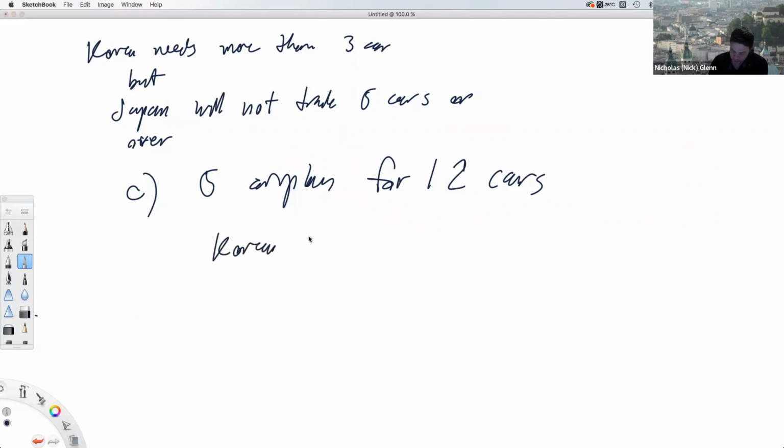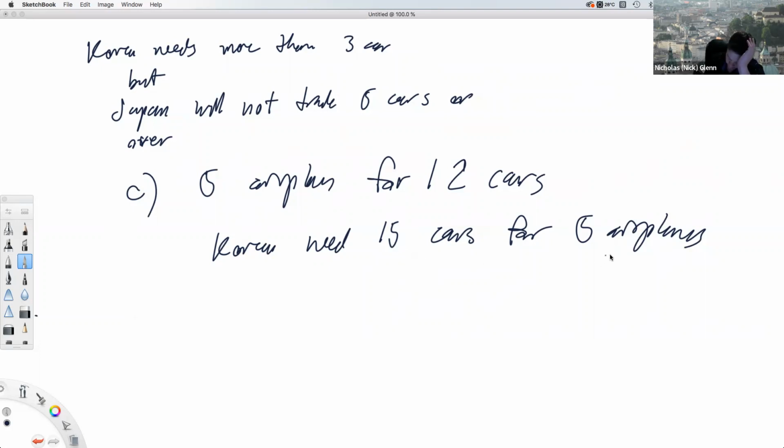But Korea would need 15 cars for 5 airplanes. It would need something greater than that. Otherwise it can just give up producing these 5 airplanes and get 15 itself. So why would they trade for this? This wouldn't be a good deal. They would need to get more than 15 cars for these 5 airplanes, whereas now they're only getting 12. If they do it on their own, they give up these 5 airplanes and could get 15. So there's no gains from trade here. This is a bad deal for Korea.